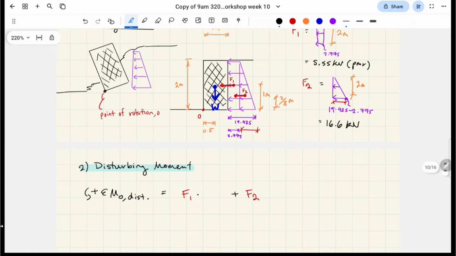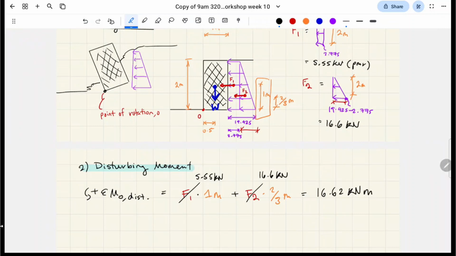And we're going to multiply it by that lever arm. So the lever arm for F1 about point O is 1 meter. The lever arm for F2 is going to be 2/3 meters, right? Plug in what we calculated already for F1 and F2. Yep. And then that gives us 16.62 kilonewton meters, right?